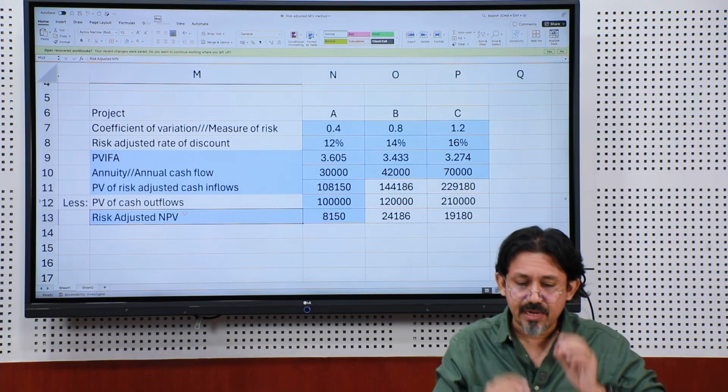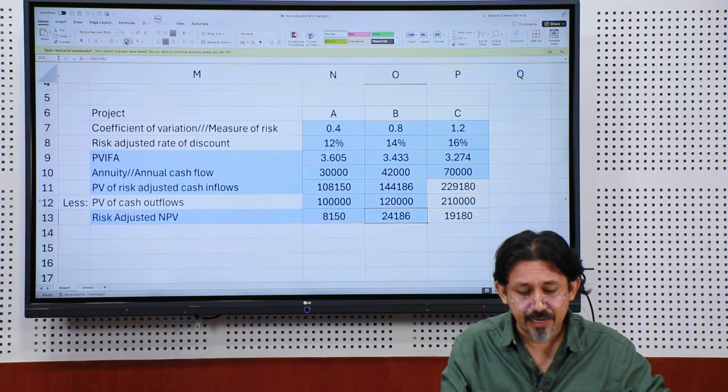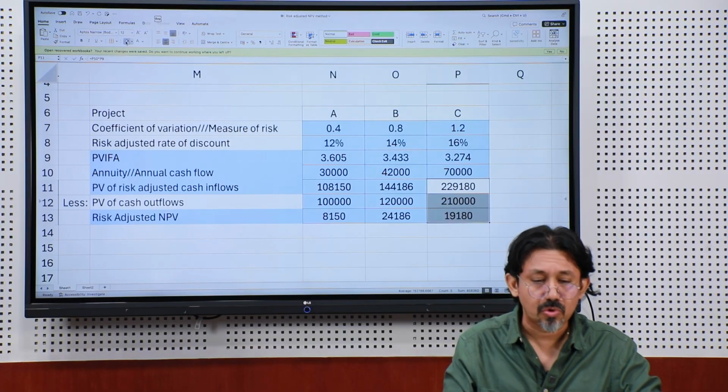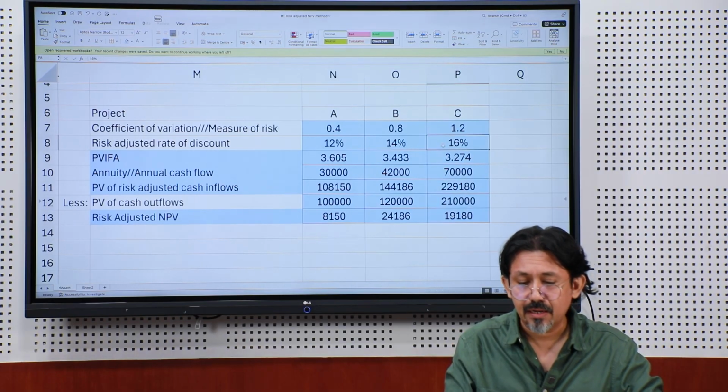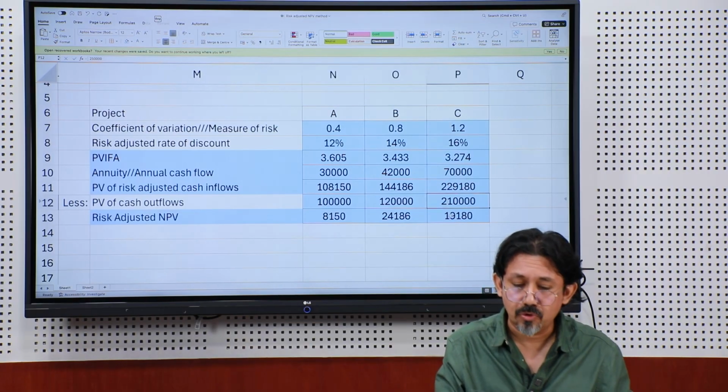We did the same for project B using 14%, calculating inflows minus outflows, leading to a positive NPV. Similarly, for project C also, at 16% we calculated the inflows minus the outflows and came to the NPV.